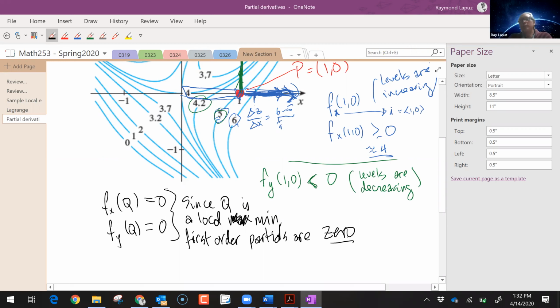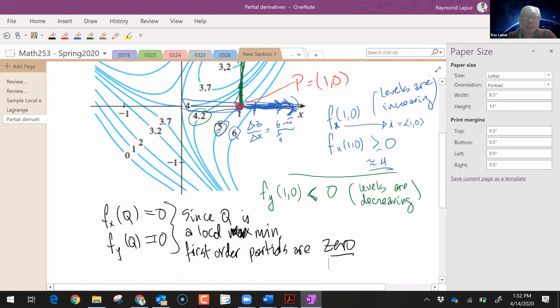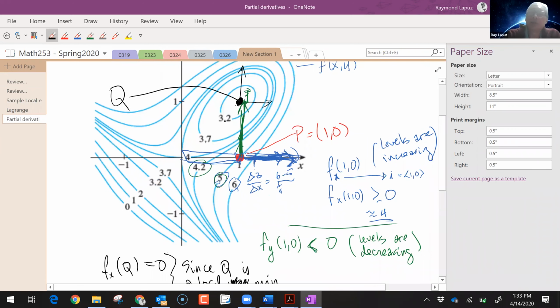Okay, so if you're sitting at a maximum or a minimum, then it's going to be 0. And you know that you're going to be sitting at a maximum or a minimum if you have concentric circles around it. Circles, ellipses, whatever, that kind of enclose it.